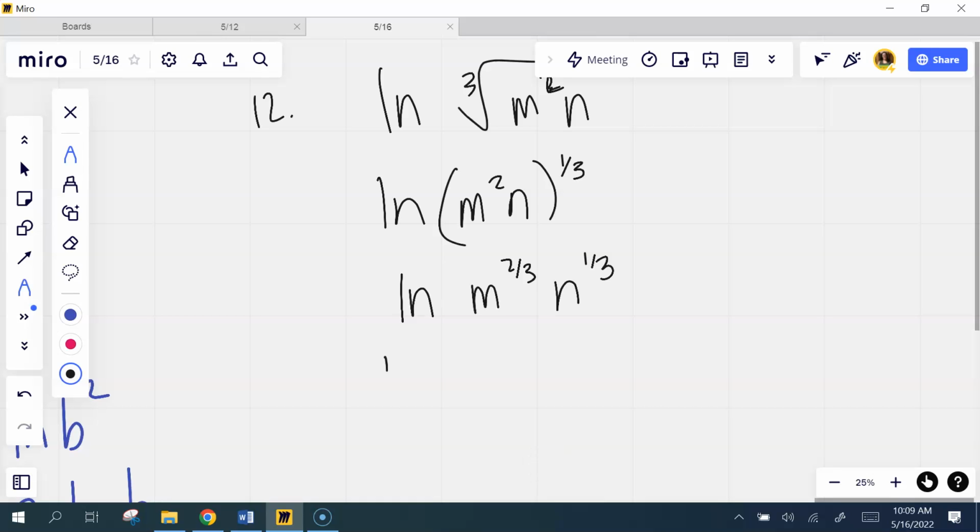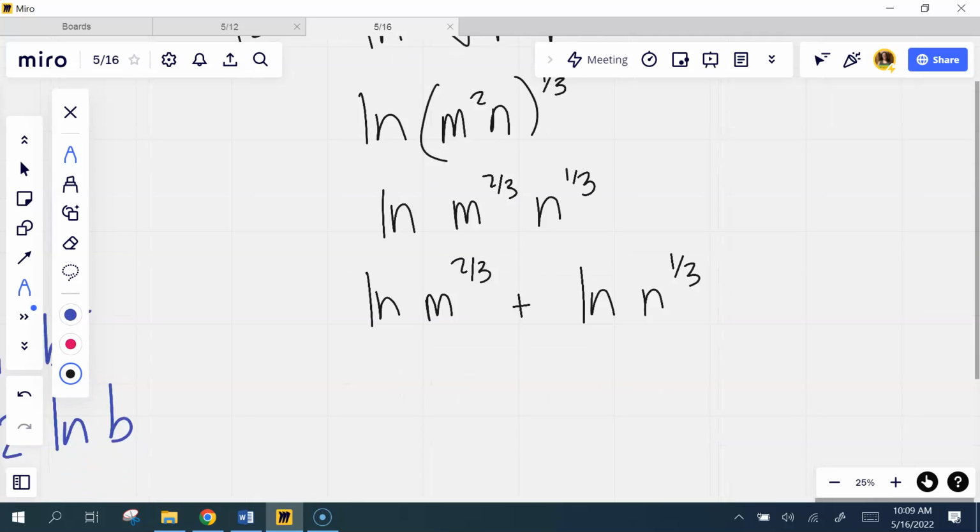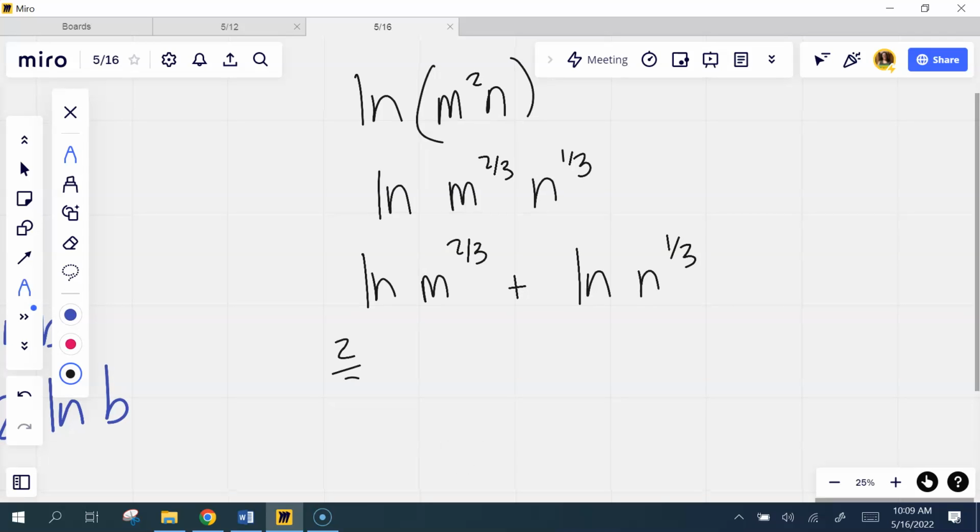So I'm going to split it up because I'm multiplying. Let your exponents be the last thing you do. And now they come around to the front. So 2/3 natural log of m plus 1/3 log n. Okay?